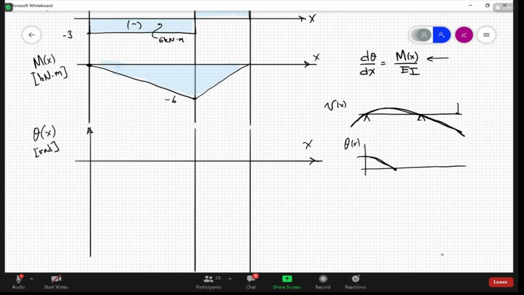The slope here goes to 0 and then becomes negative at this point, down to this point. Oh, I'm sorry, what am I doing? So that's 0, and then it's going to continue like that down through like this.